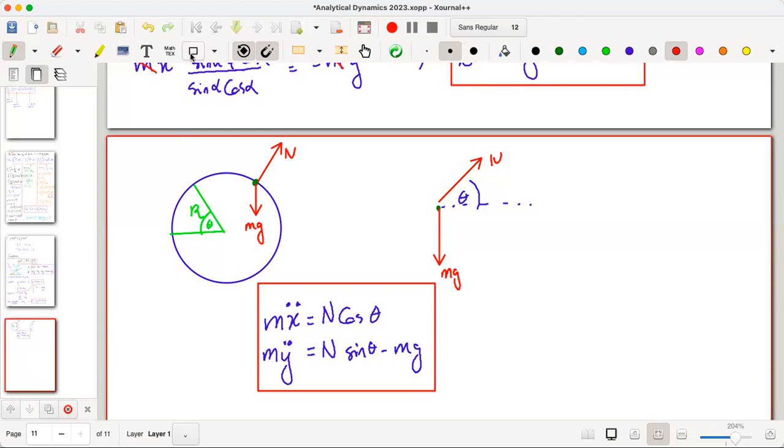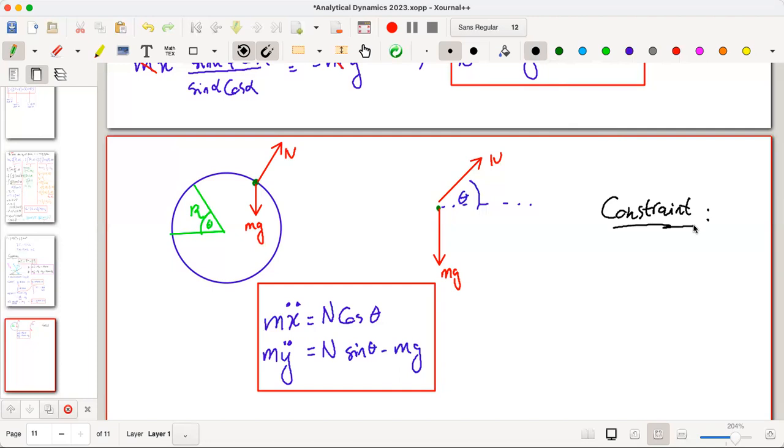We can utilize the constraint here. What is the constraint? Or in other words, how do we translate the constraint mathematically? I think the most challenging step in using the constraint to help us solve the equations of motion is how to translate the constraint into a mathematical expression.